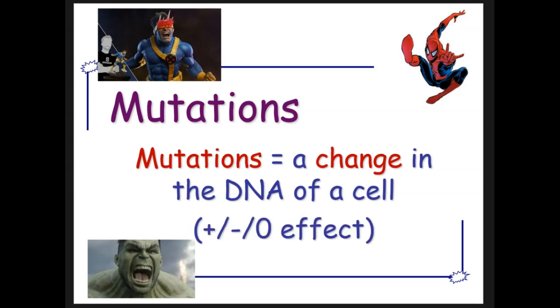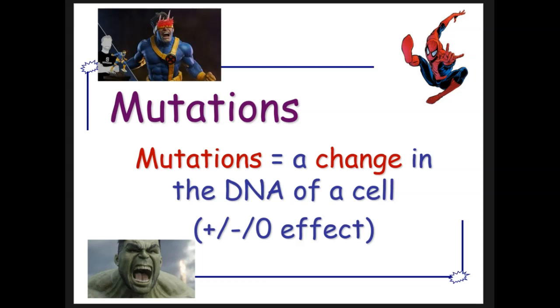Some have a positive effect, a negative effect, and some have no effect at all. Today we will be discussing some of the science behind how these mutations could happen. While the superpowers may be fictional, it is true that mutations can have significant impacts on people, and evidence exists that radiation exposure can lead to an increased rate of mutations.